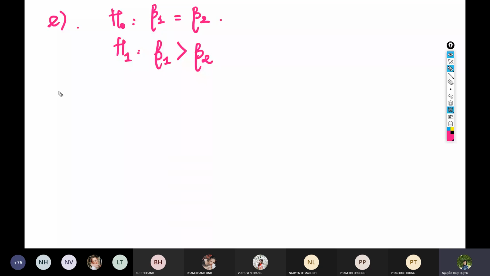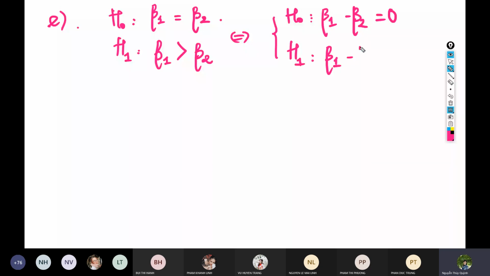This is equivalent to H0: beta 1 minus beta 2 is equal to 0, and H1: beta 1 minus beta 2 is greater than 0. So now what do we have to do here?